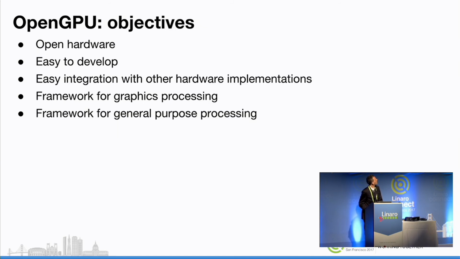And I think the principal objectives for this project is, well, it is open hardware. It must be easy to develop because today, well, we know how to develop hardware, we have the tools, but it's not so easy for some situations.